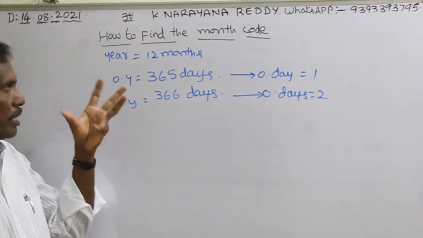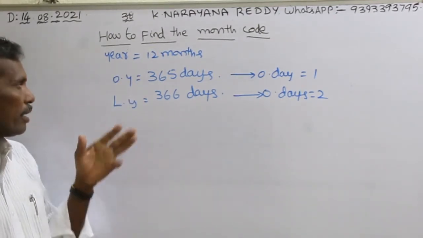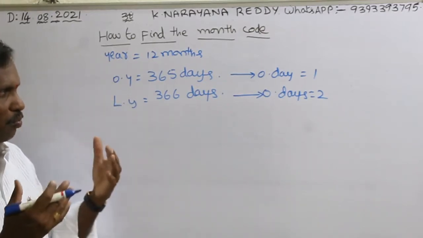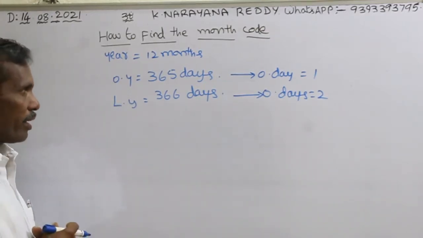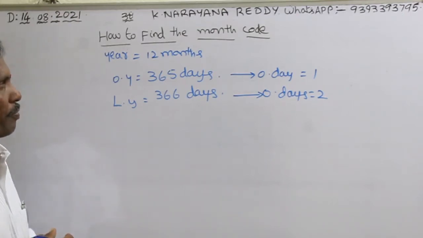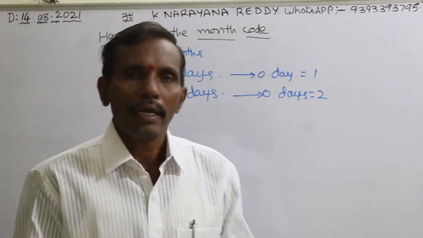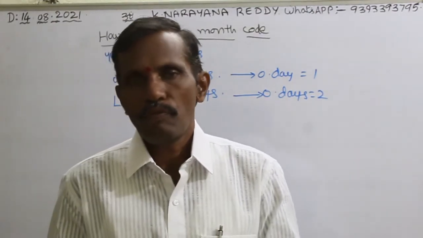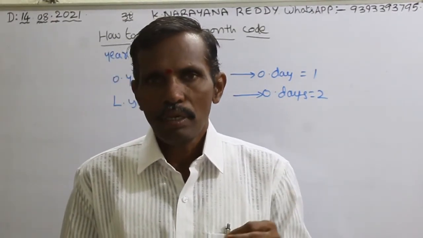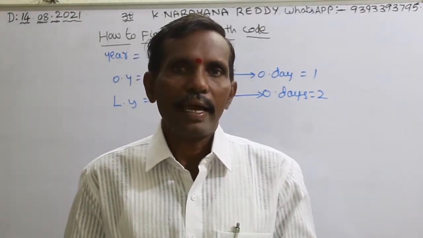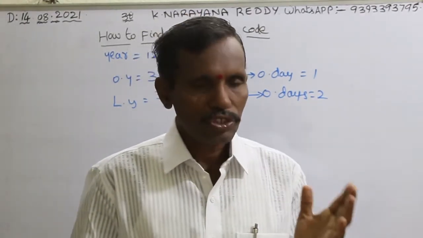There is also a difference in the code between a leap year and an ordinary year. What is the difference and how to find the code? What is a code? It is nothing but a symbol for the month, which can be designated as a digit 0 to 9.